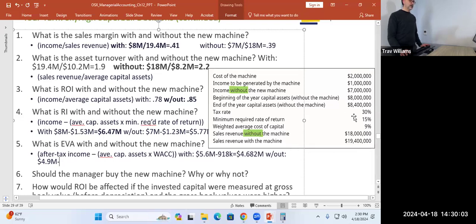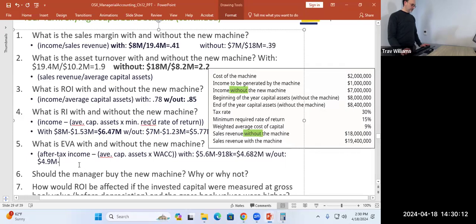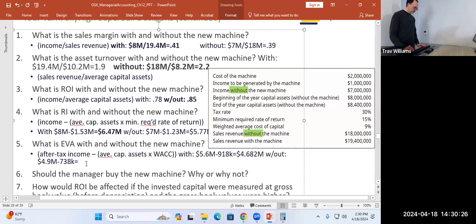So 8.2 million times 9% is $738,000. 4.9 million minus 738K equals 4,162,000. Okay, which is less, right? So the EVA is better with the machine.